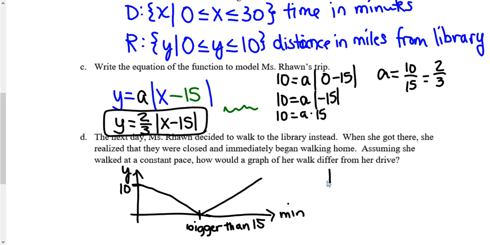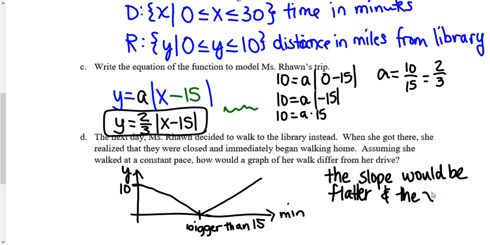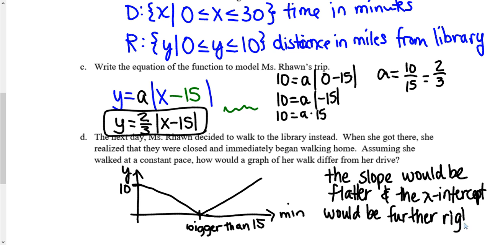So I could say the slope would be flatter, and the x-intercept would be further right. Okay, that should probably be a capital T, right?